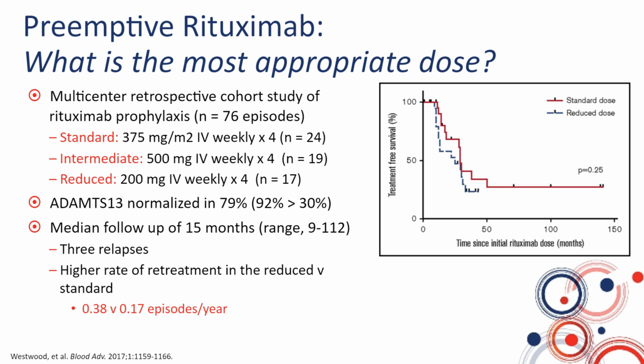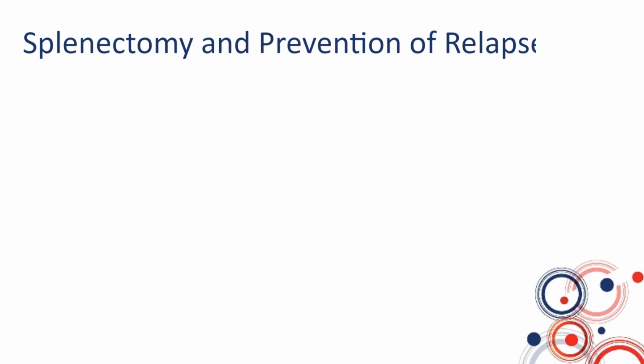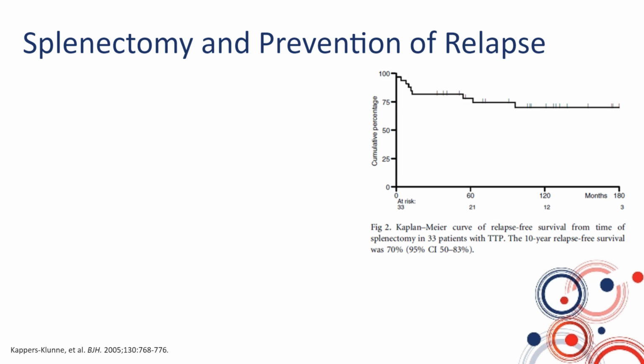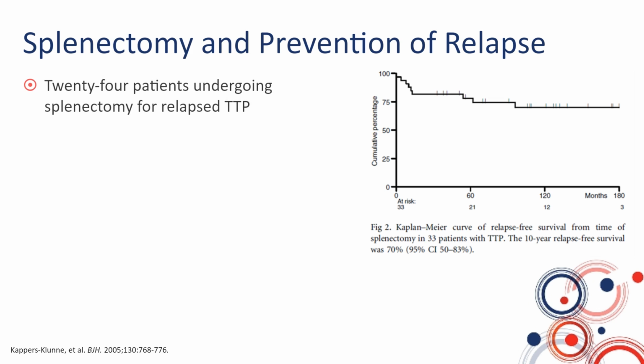So certainly the lower dose lent itself to needing recurrent treatment with rituximab prophylactic treatment sooner than the standard dose. It's also important to mention briefly splenectomy in the prevention of relapse. These data are now 15 years old, but certainly suggest the potential efficacy of splenectomy in preventing relapses of TTP. This was a study where 33 patients with TTP underwent splenectomy, but 24 underwent it for a prophylactic reason. Splenectomies have in the past been used for refractory TTP, but that is where splenectomies are associated with a greater risk of complications and potential issues.